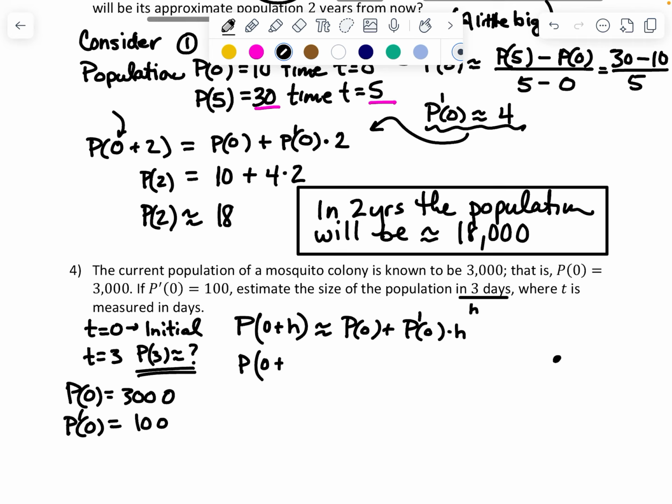And then the time span that's going to change is our h, 3 days, right? So I'm looking at p of 0 plus 3. h is going to be our 3. So that approximately goes to p of 0, which is 3,000, plus p prime of 0, which is 100, times 3.